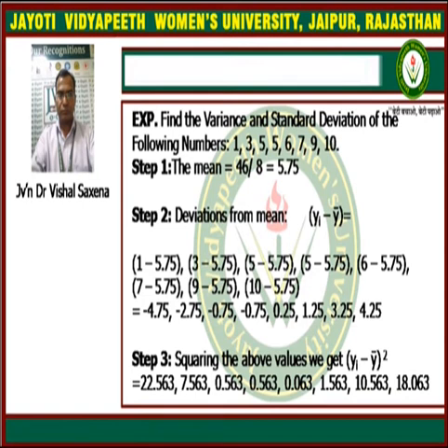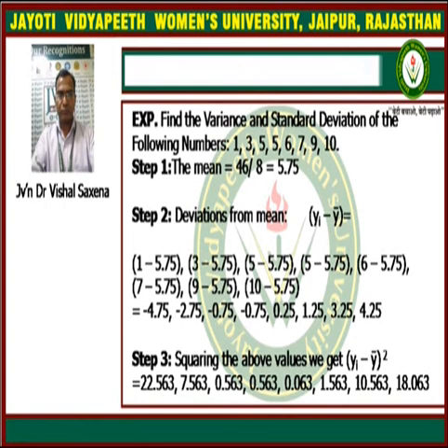That means we have to multiply the squared deviation with frequency, and then take its summation. That is the only difference. But right now in this question we have the individual series form.